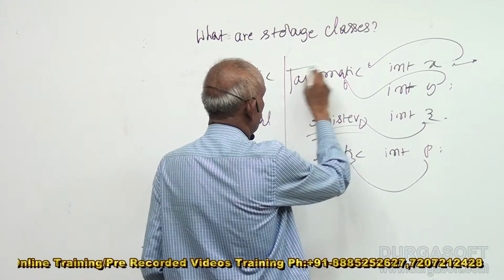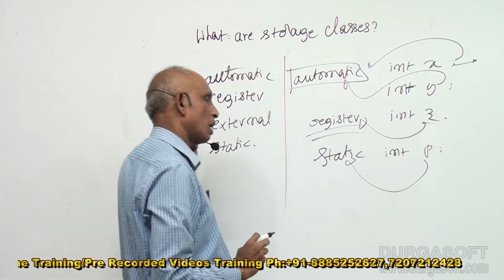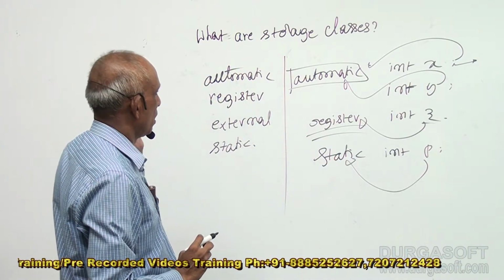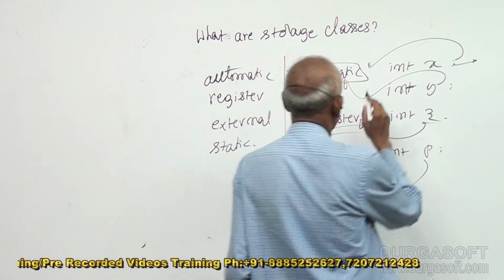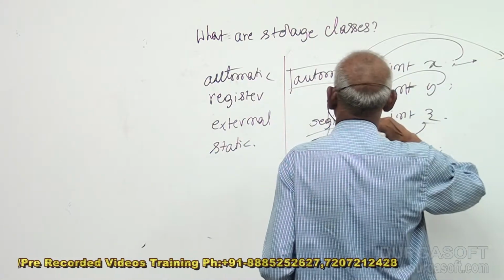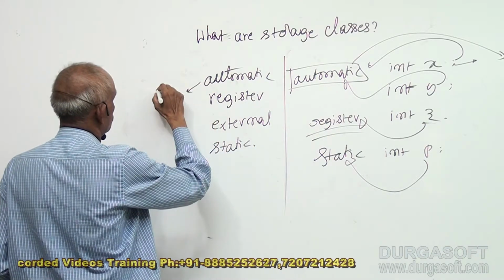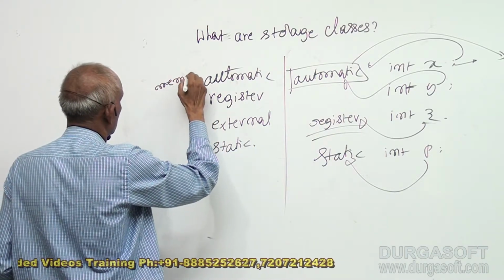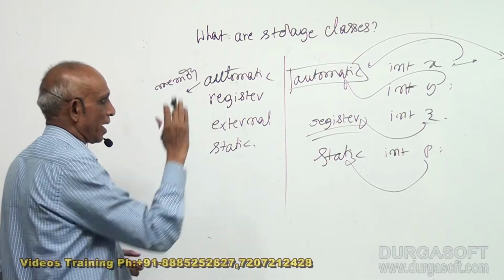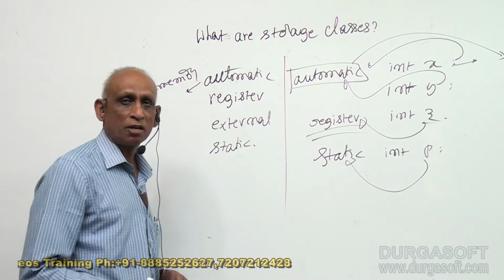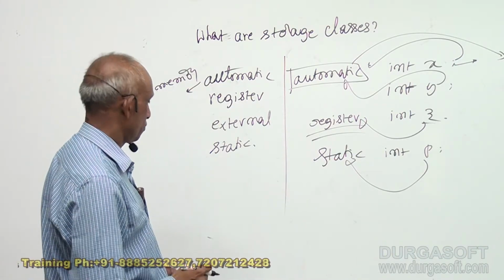These automatic variables are stored in memory. That is, for x and y, the space is allocated inside the memory itself.